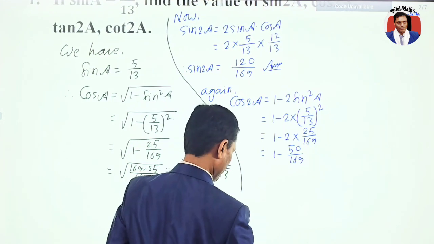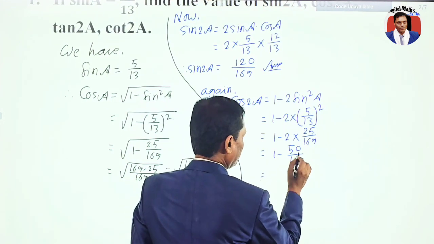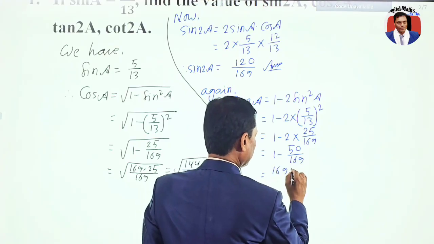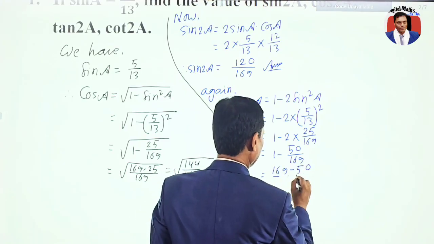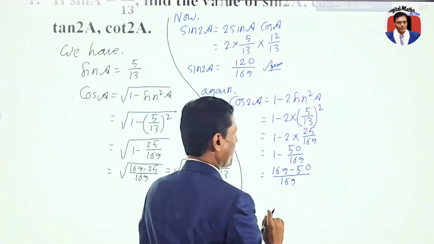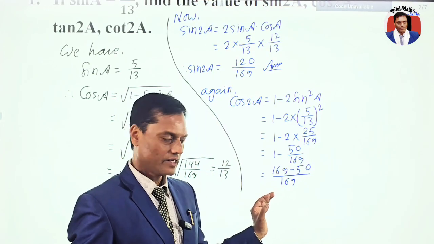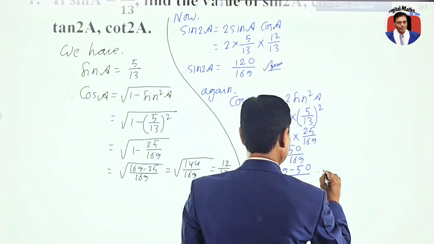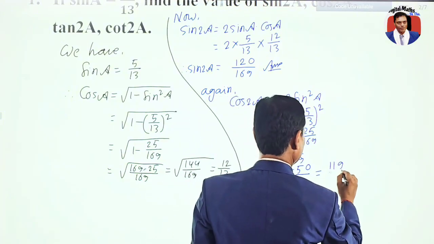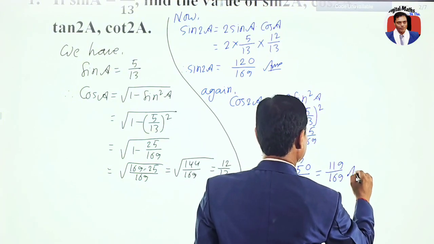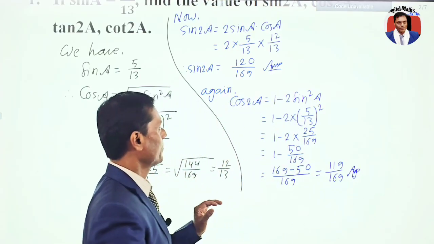After that, here 169 minus 50 over 169, and 169 minus 50, we are going to subtract it, right? So that's 119 over 169. That's the answer. It's the value of cos 2A, right?